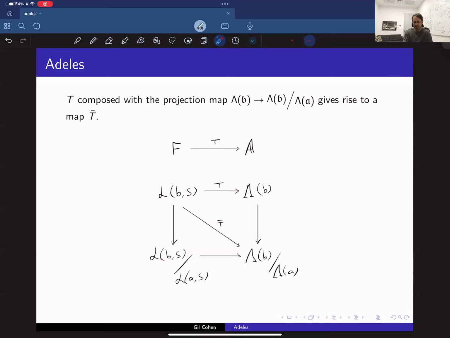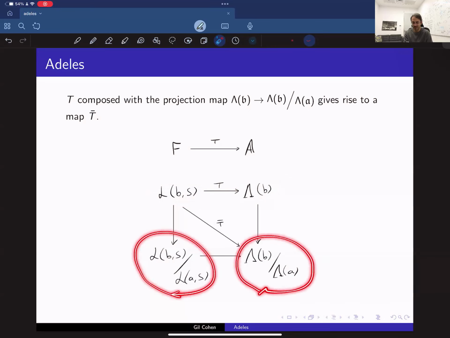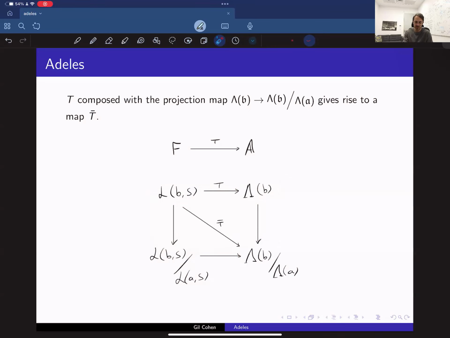So currently we have a map from here to here. I want a map from here to here. So the next step will be to consider the natural way of taking our map and getting a map which we call T bar from here to here. We'll just apply T and then project, take the coset of lambda A.